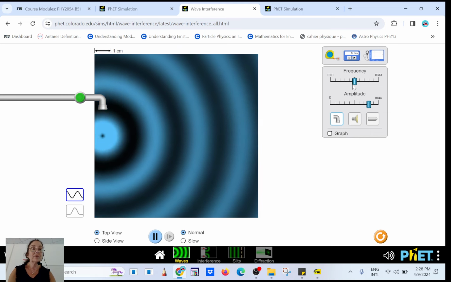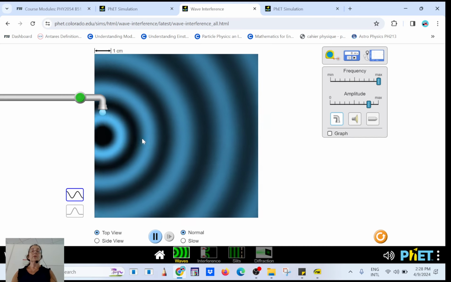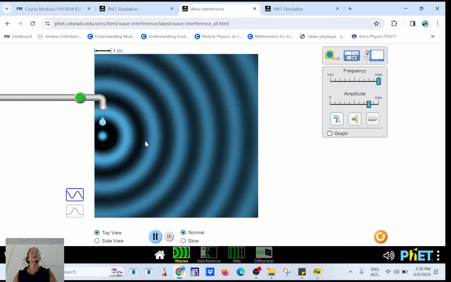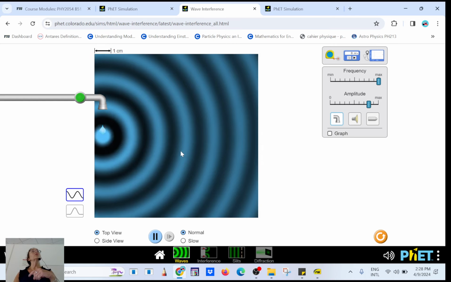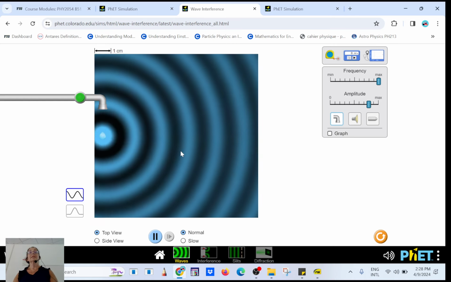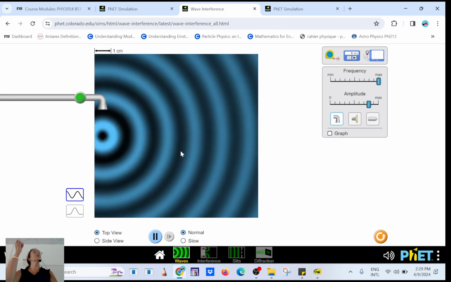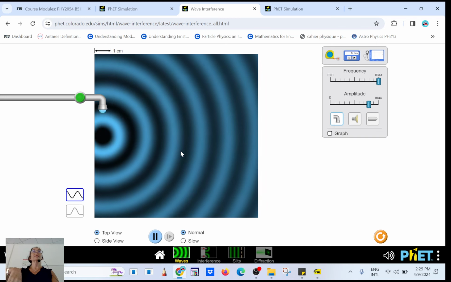So I can increase the frequency here from the source. I'm going to increase the frequency. What's happening to the wavelength? The wavelength will be crest to crest. Did it increase or decrease? Decrease. Okay, so when the frequency increases, the wavelength decreases. Do you agree?